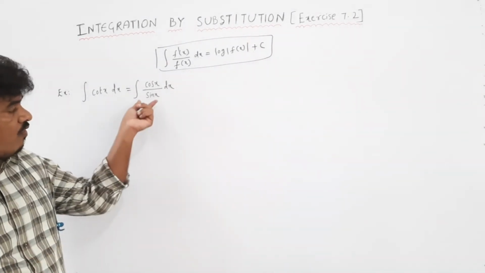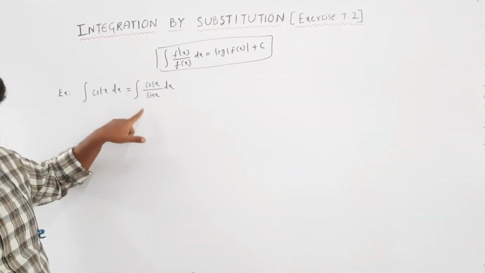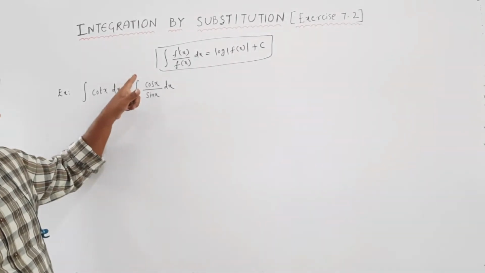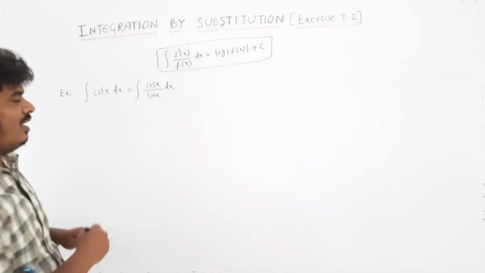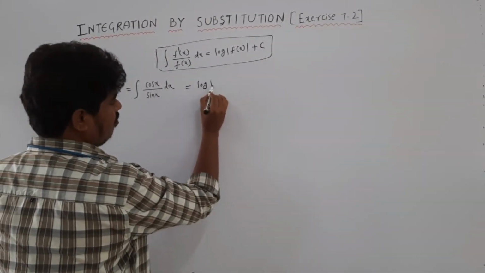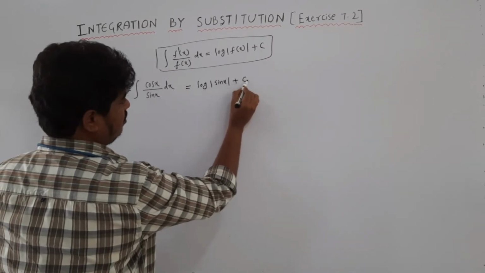The derivative of the denominator is there in the numerator. So if you take sin x as f of x, cos x will be f dash of x. So from this formula directly what can we write? The answer is log of mod denominator, that is sin x, plus c.